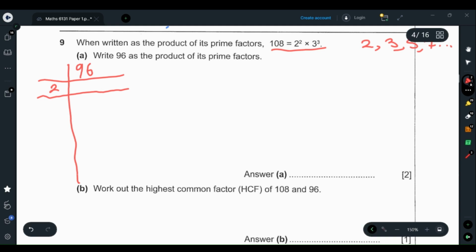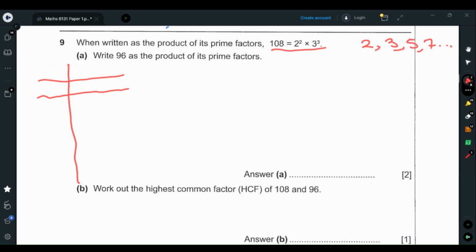So in this case, we need to start with a prime number. Okay, 1 is not a prime number. If I had 96 divided by 1, that gives us 96. We've done nothing.